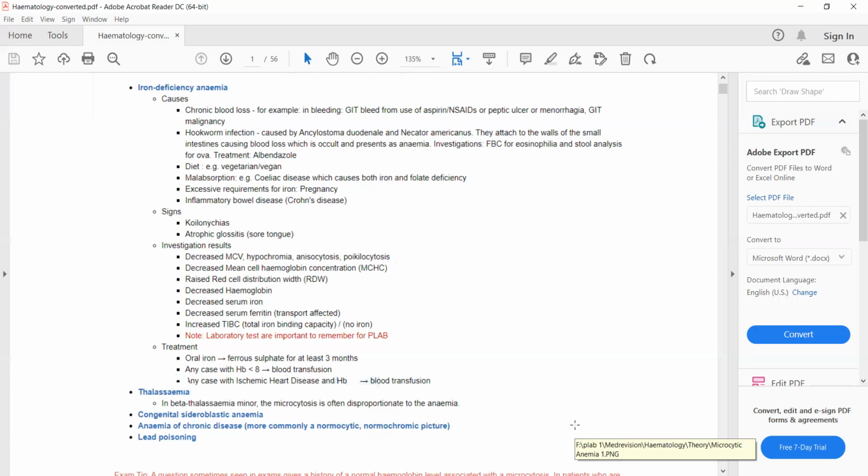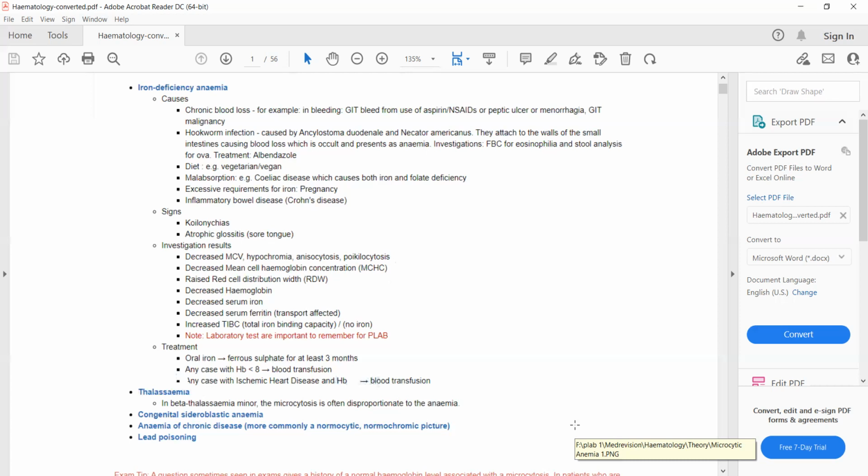The important lab values that you need to remember are serum iron, serum ferritin, and total iron binding capacity. You need to remember these three to differentiate between different causes of microcytic anemia.